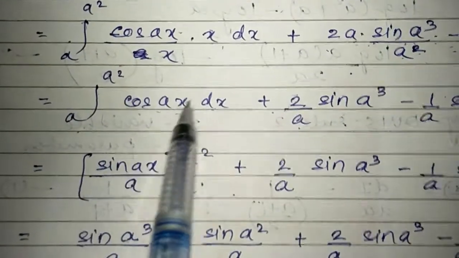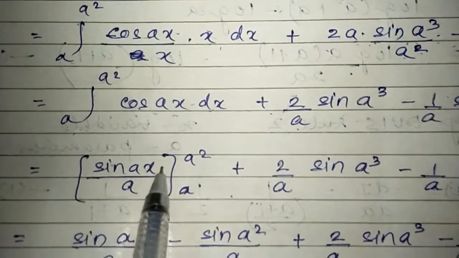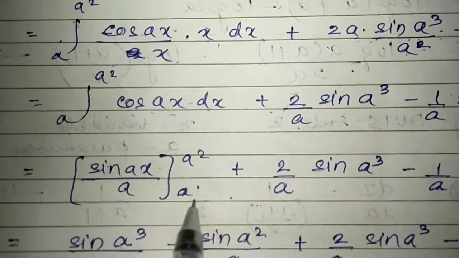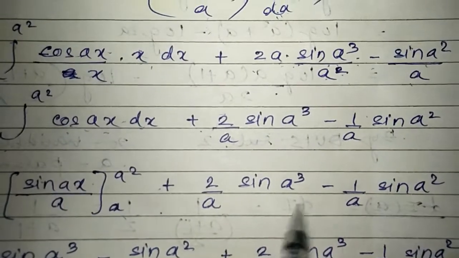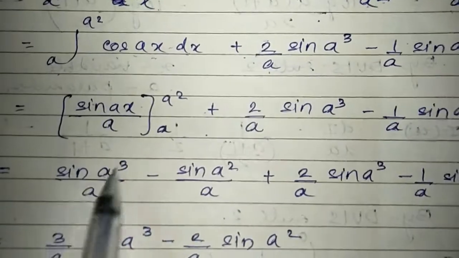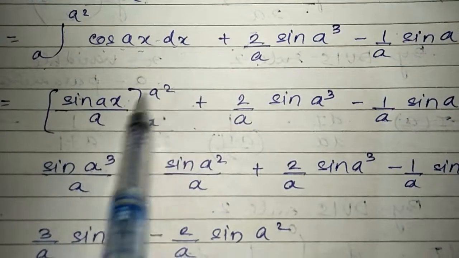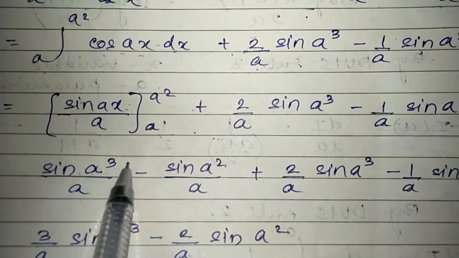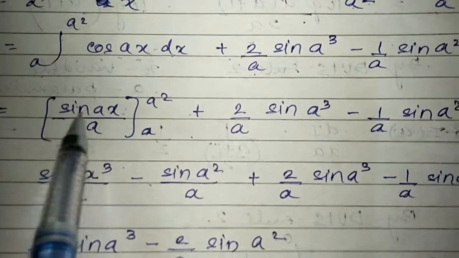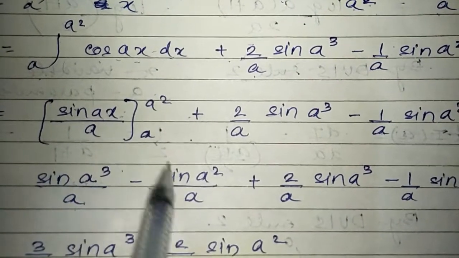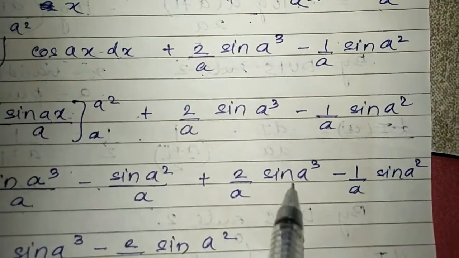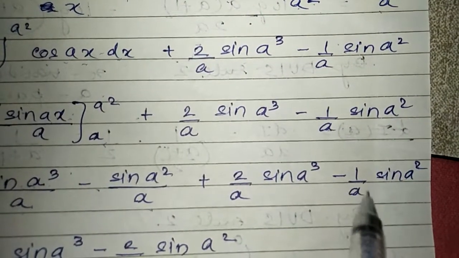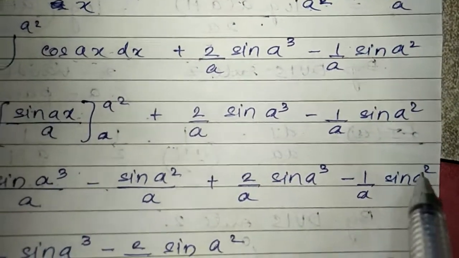Now the integral of cos of ax is sine of ax upon a. The limits are from a to a square, plus these two terms as they are. So this will be sine of a into a square, that is sine of a cube upon a, minus sine of a into a, that is sine of a square upon a, plus this 2 upon a sine of a cube minus 1 upon a sine of a square.